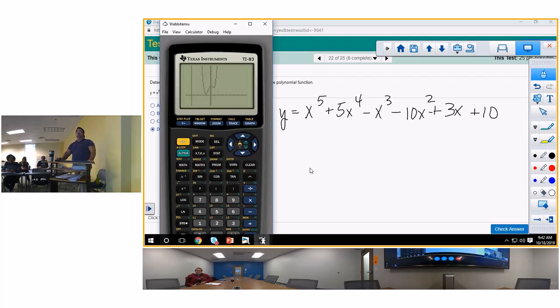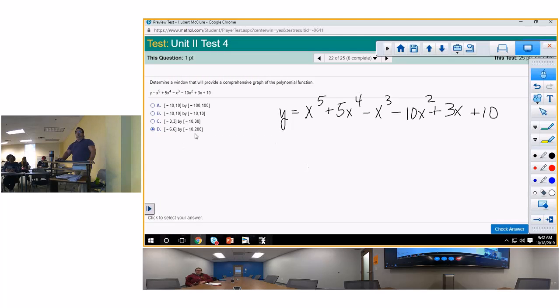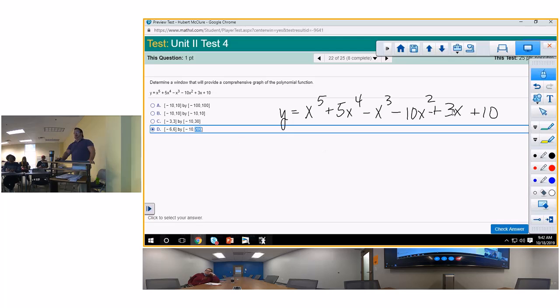Is there anything that's going to tell you that? No, this is nothing but trial and error with the calculator. There's no secret thing to look at to say that's going to be a y-intercept of 200. Not a y-intercept, but a y-max of 200.